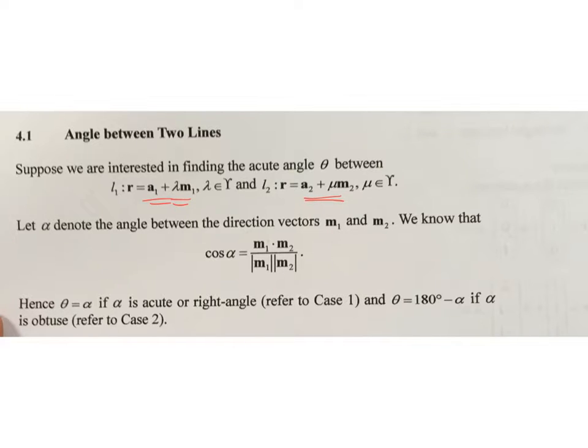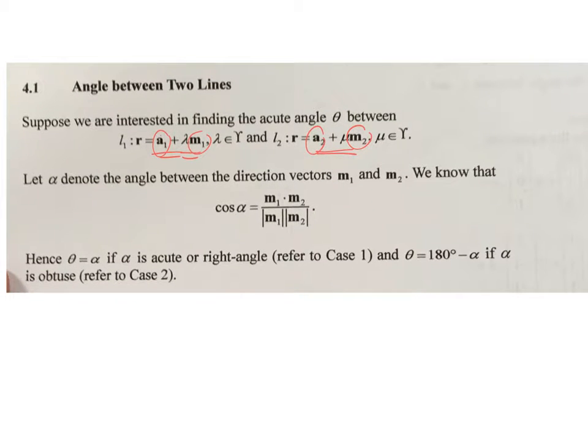We use two different parameters, and remember, two different position vectors and two different direction vectors. We will let alpha denote the angle between the direction vectors M1 and M2. Then cosine alpha will be equal to M1 dot M2 over the magnitudes of M1 and M2.